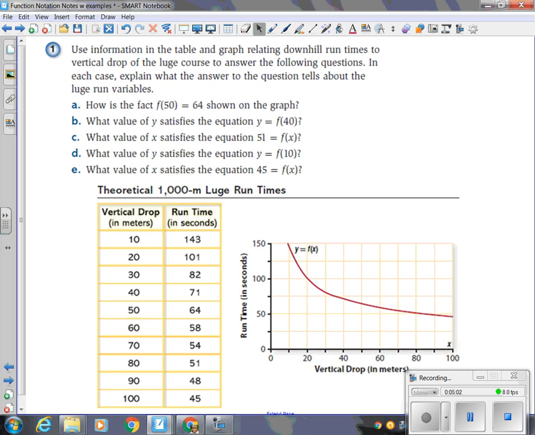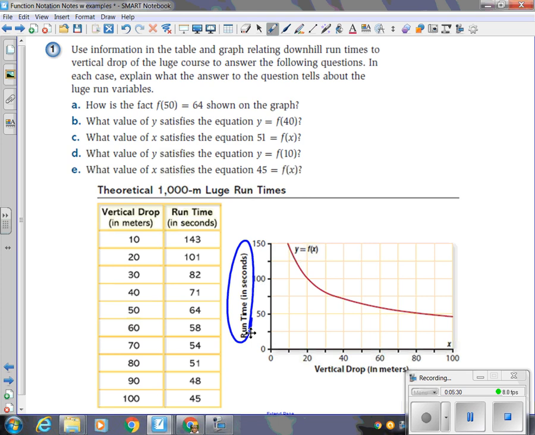Use the information in the table and graph relating downhill run times to the vertical drop of the luge to answer the following questions. Now, notice it says, how is the fact that F(50) = 64 shown on the graph? What's on the y-axis? Run time.